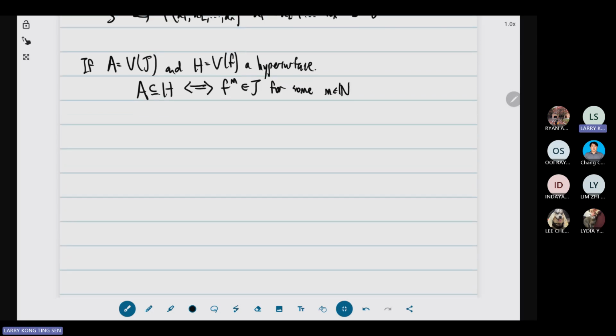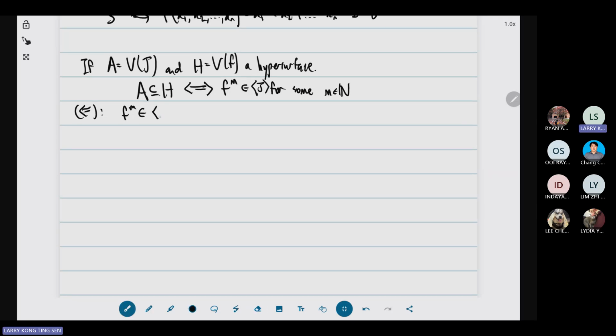In fact, one direction is quite easy to see. This direction is: if F^m is in J, or specifically the ideal generated by J, not just J itself.